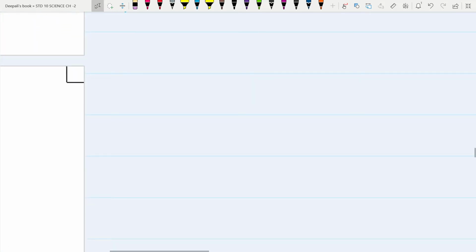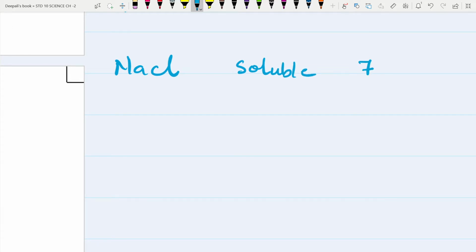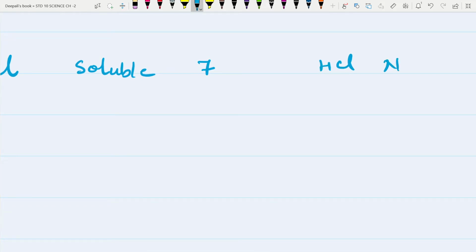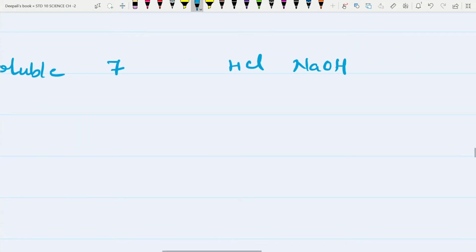We have sodium chloride, NaCl. It is soluble in water and pH is 7, as it is formed from HCl and NaOH. Both of them are equal in strength, so the salt is neutral as pH is 7.